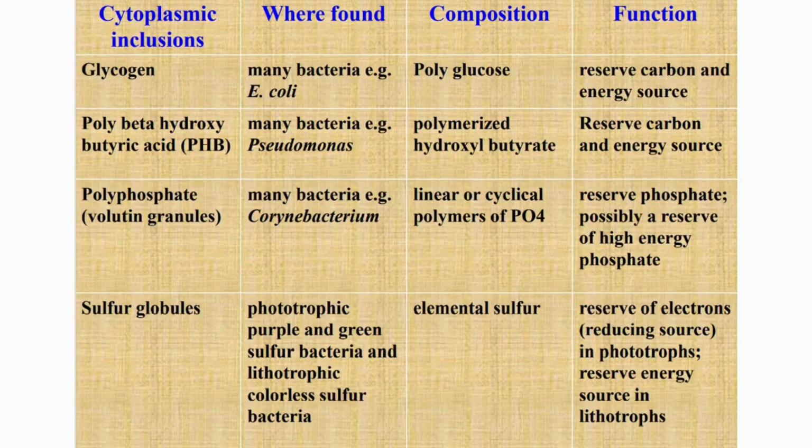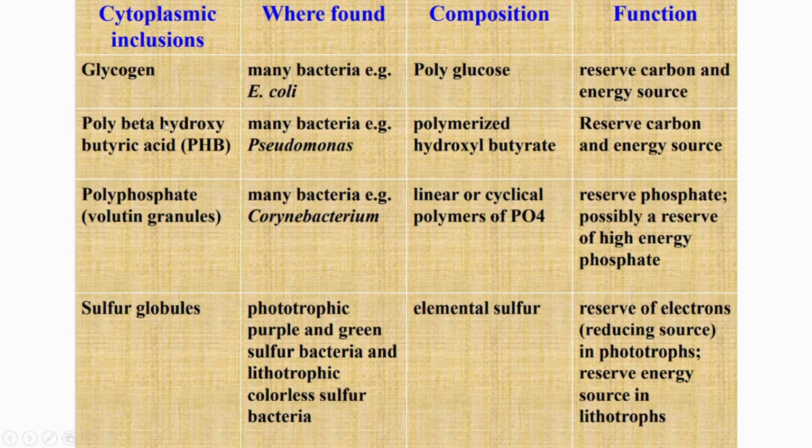We have glycogen. Glycogen is found in many bacteria, for example E. coli. The composition of glycogen is polyglucose, and this reserves the carbon and energy source. When there is no carbon source available to the bacteria, then this glycogen will supplement the carbon which is reserved inside the glycogen.